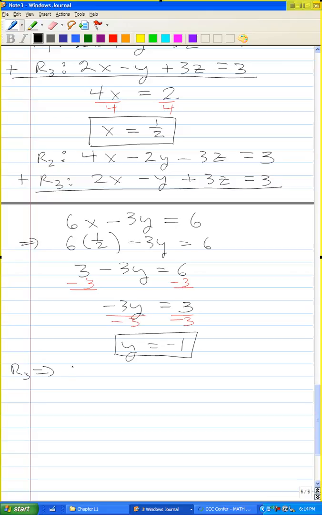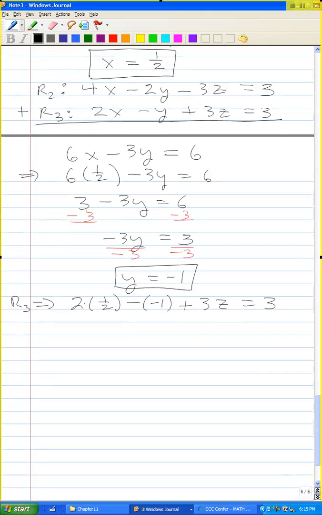And so 2x minus y plus 3z equals 3. And so 2's cancel, so you get 1 plus 1 plus 3z equals 3.